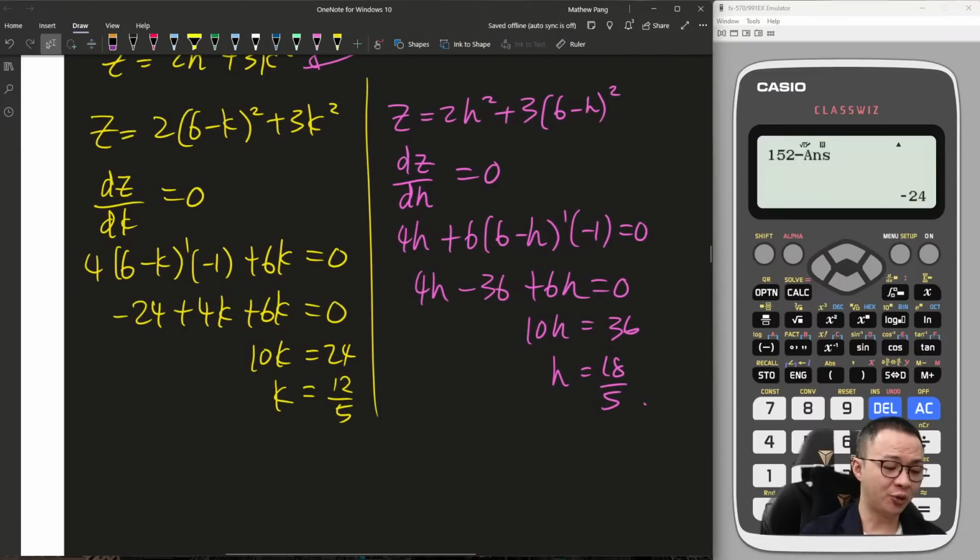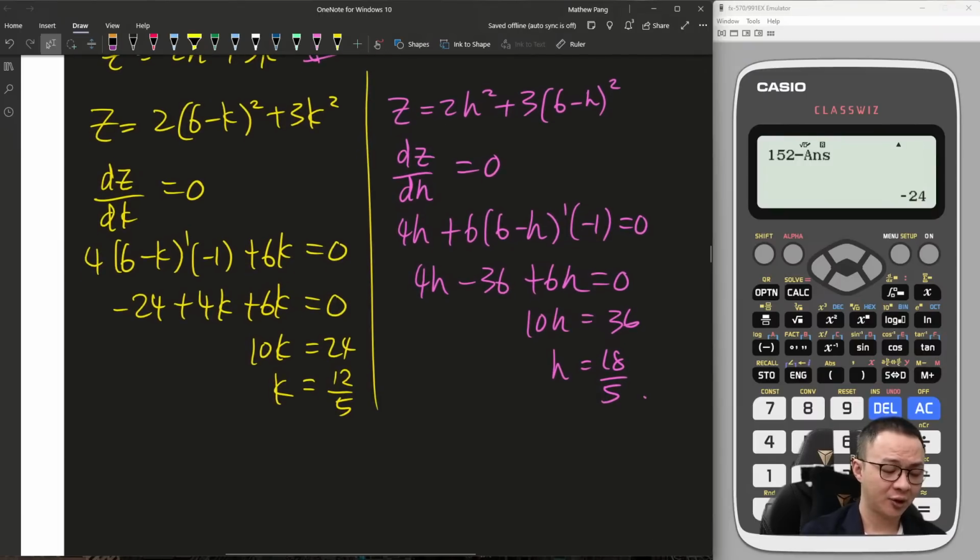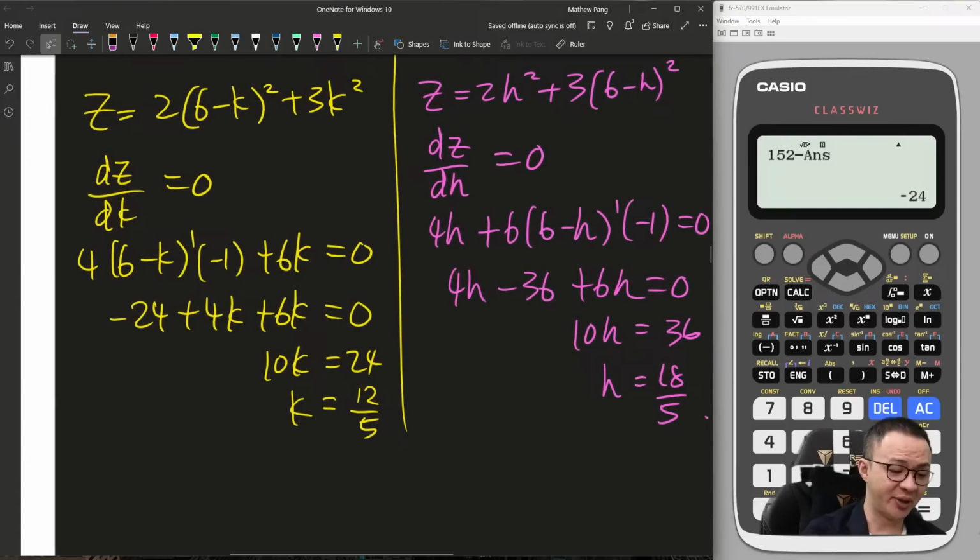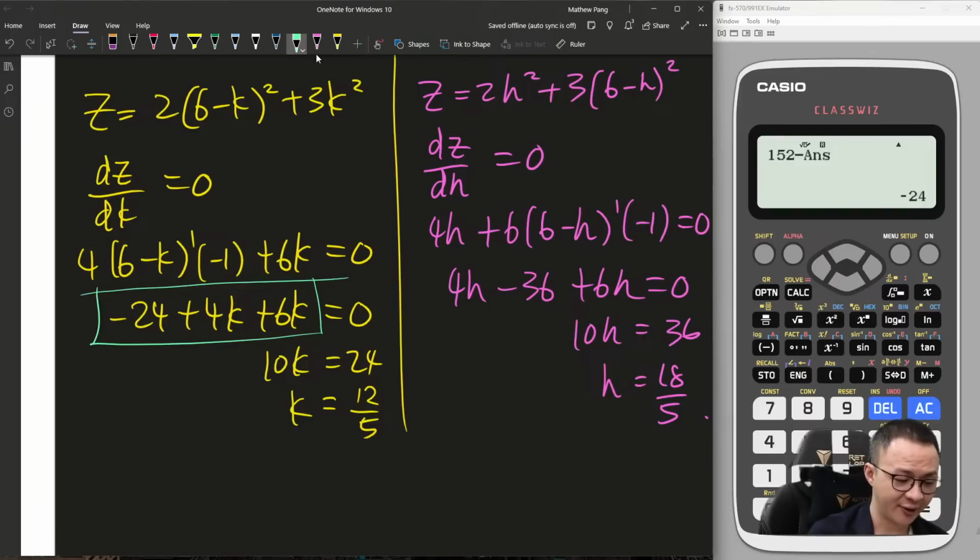Right now we want to do the second derivative to know whether each of these is maximum or minimum. Okay, so I will differentiate again. This one is the equation after I simplify, right? If I do the second derivative, d squared z over dk squared, I should get something like 10, right?